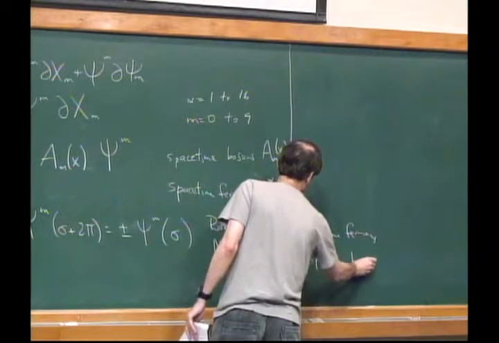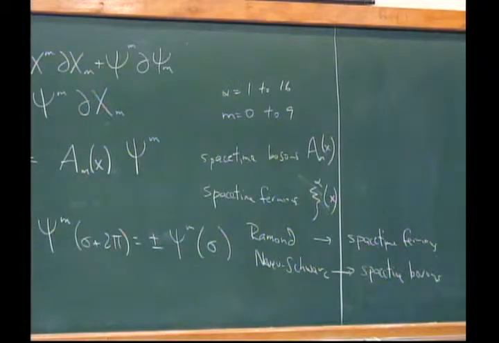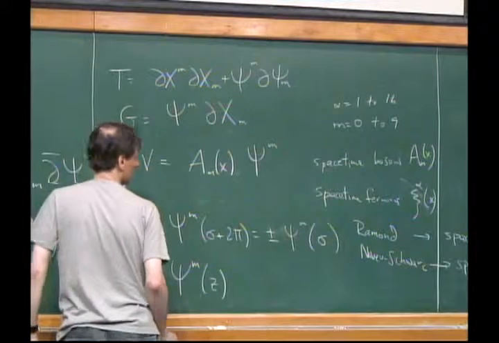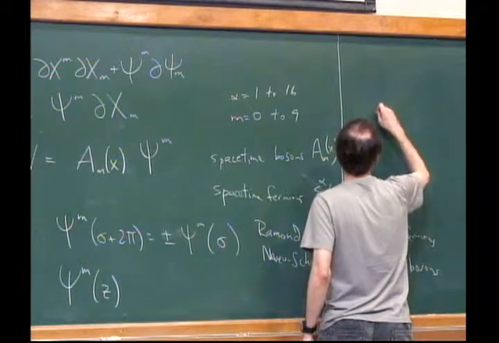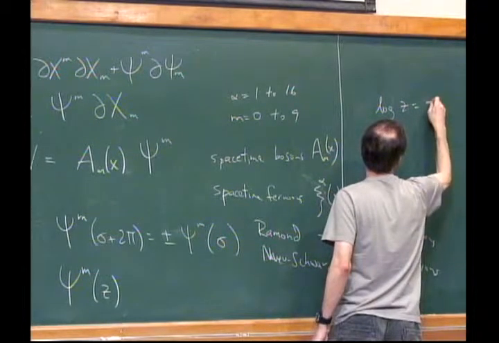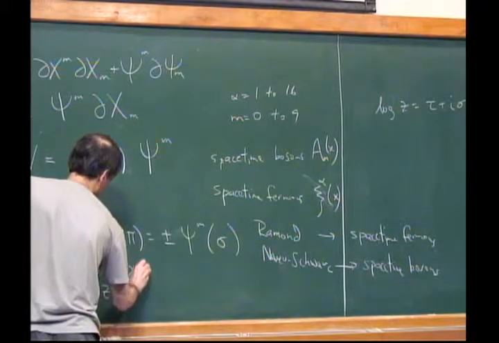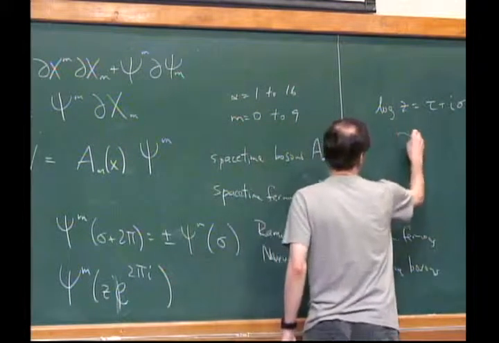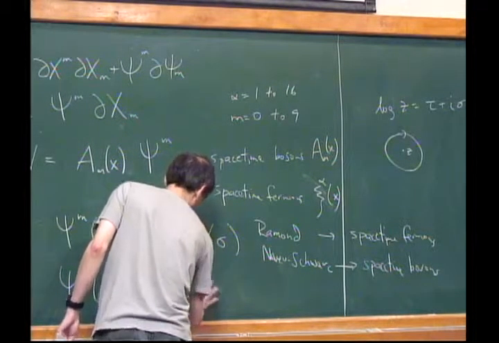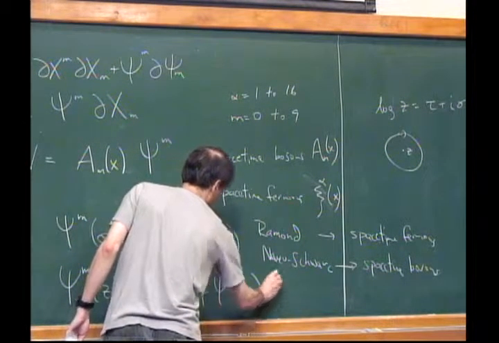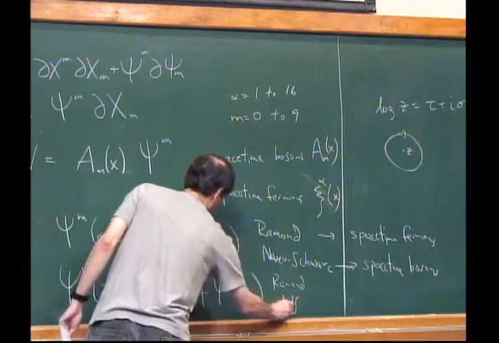Now, it looks a little bit counterintuitive, but it turns out when you do a conformal transformation of this cylinder to the plane, psi m of z, so if I'm using the conformal transformation where log z is equal to tau plus i sigma, it turns out if you take z around a circle, so this is z, this comes back to itself with a minus sign in the Ramond sector, and with a plus sign in Neveu-Schwarz.